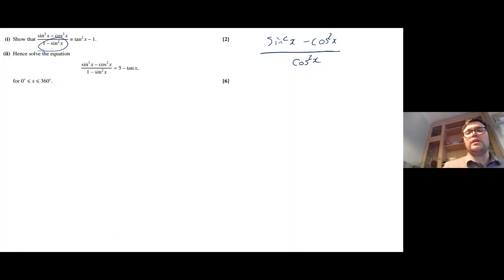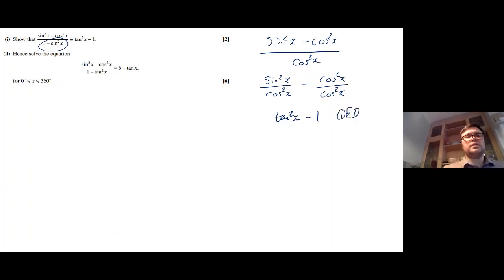In doing so, we can split the top equation. So that's going to be sine squared x over cos squared x minus cos squared x over cos squared x. So we get tan squared x minus 1. Again, QED. Nice 2 marks.